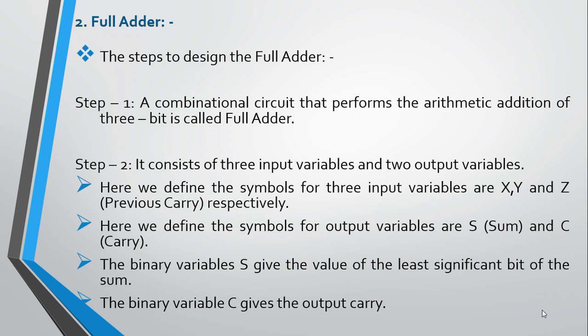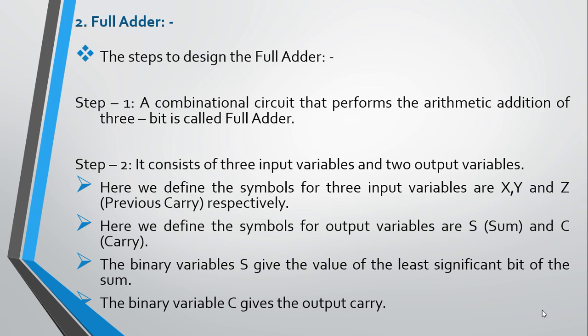So let us repeat step number 2 once again. When you work with full adders, there is a 3-bit addition using a combinational circuit. So there are 3 input variables and 2 output variables. Now the 3 input variables are x, y and z respectively. S and C are the output variables.